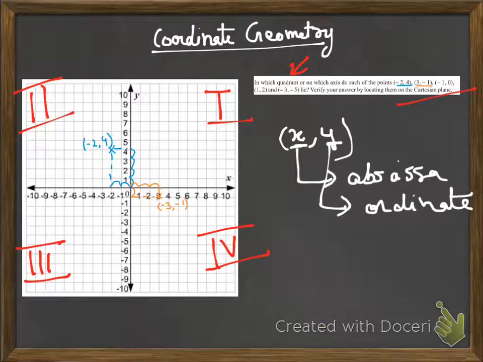That brings us to the third point. The third point is (-1, 0). Let's identify that.